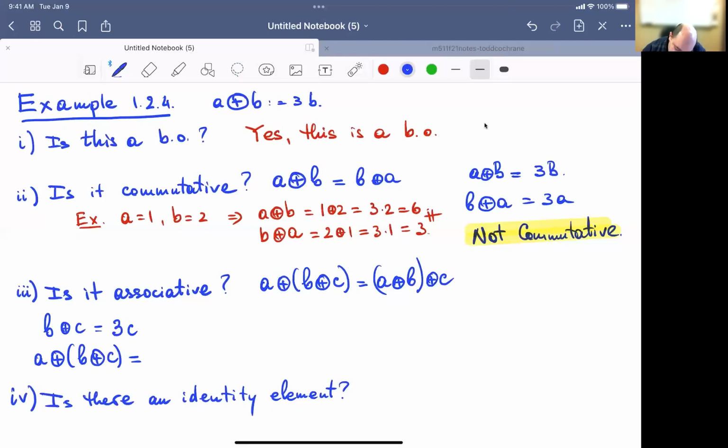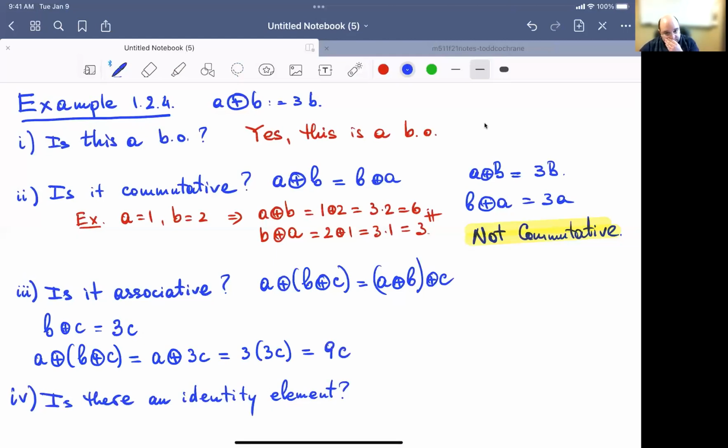Since b circle c is equal to 3c, this is a circle 3c, which means it's 3 times the second thing here, which is 3c, so it's 9c.